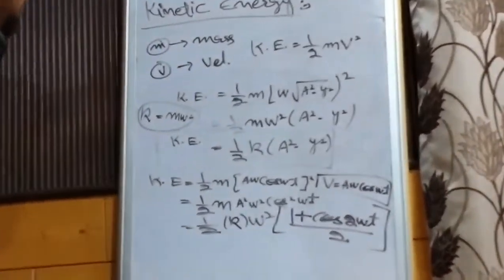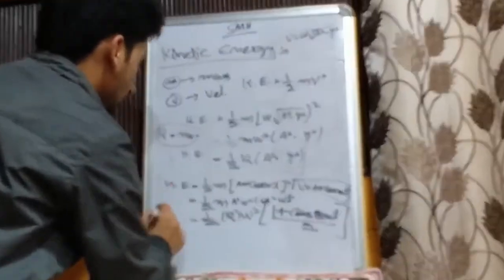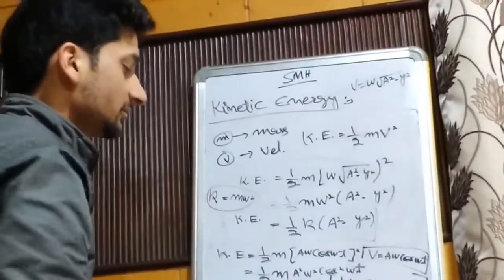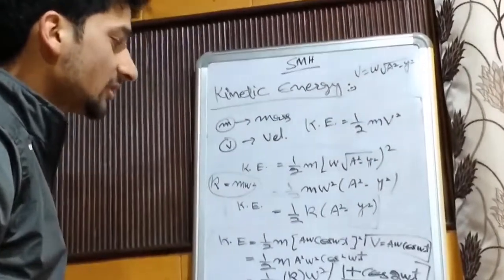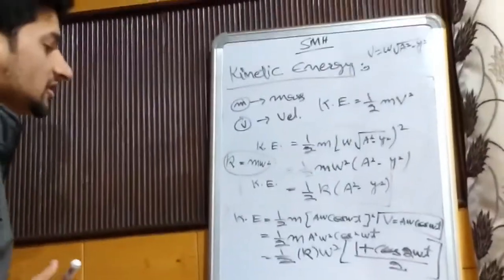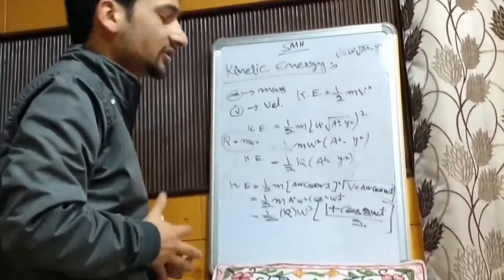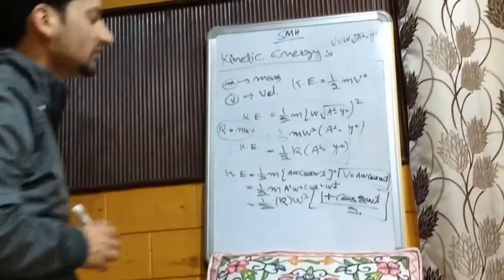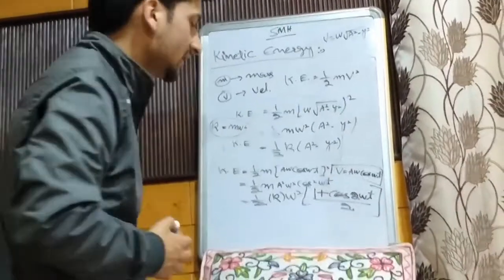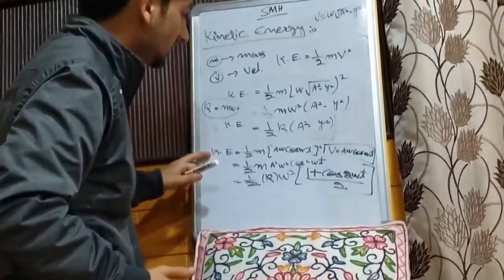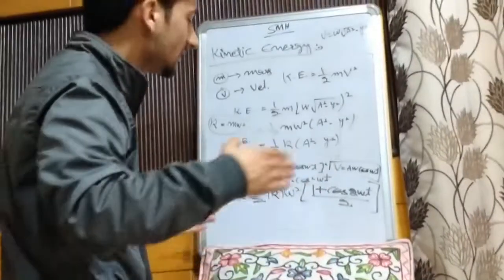So this is the equation for the kinetic energy of a particle executing simple harmonic motion, but in terms of harmonic functions. So clearly you can see that if a particle is executing simple harmonic motion with frequency omega, its kinetic energy actually oscillates with double the frequency.